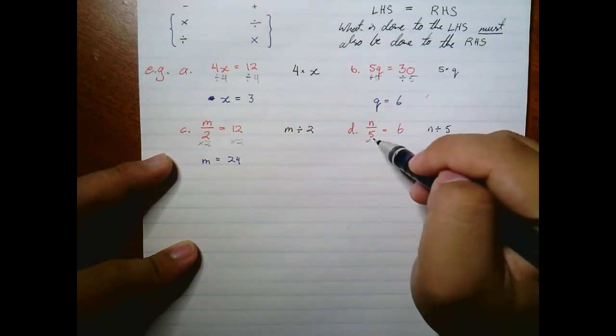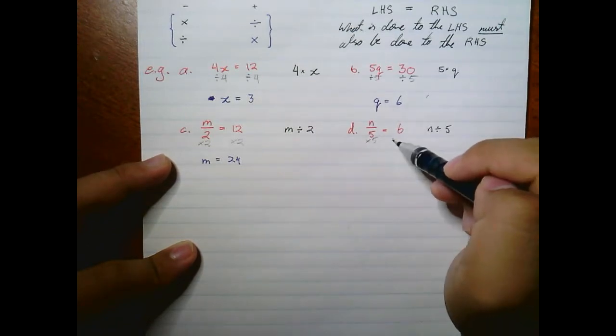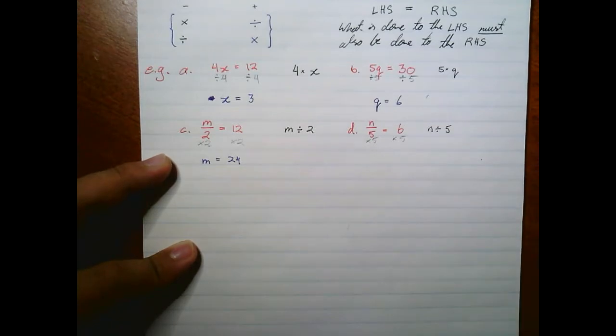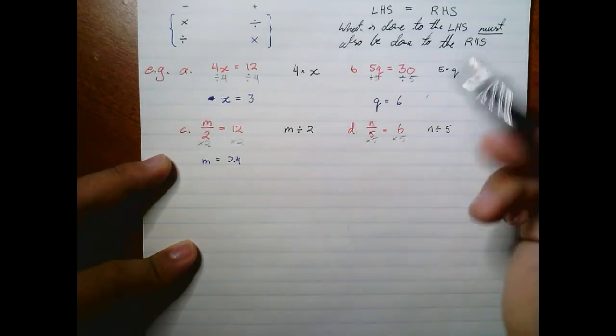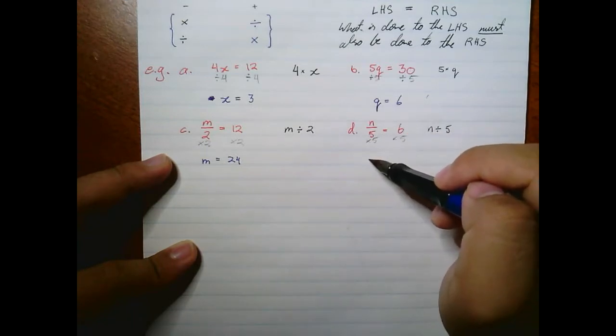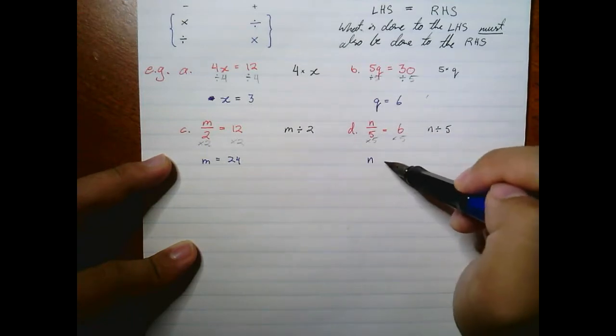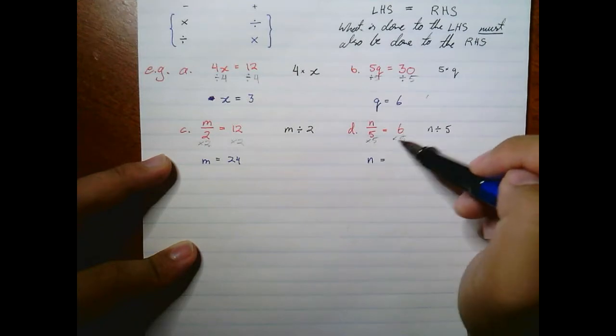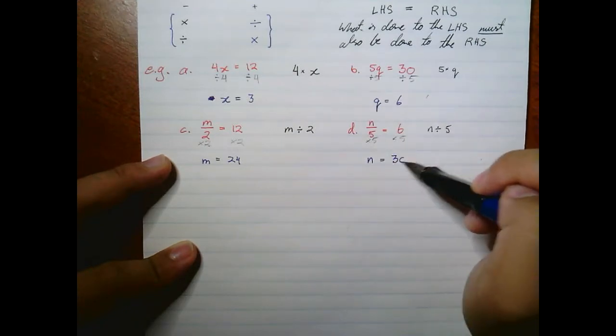So we're going to times this side by 5 and this one by 5. n divided by 5 times by 5, well, that's just 1n. 6 times 5 is just 30.